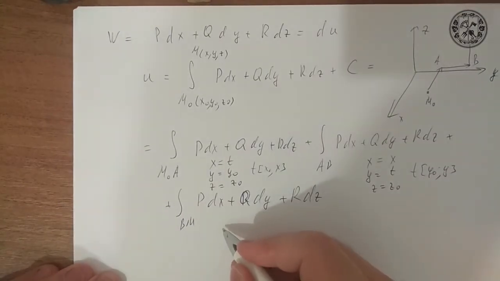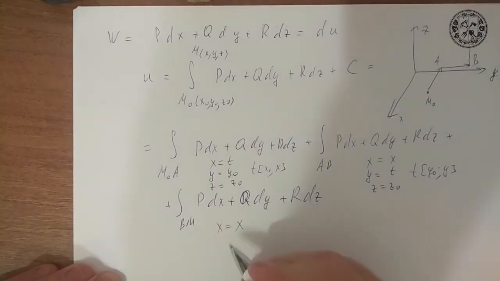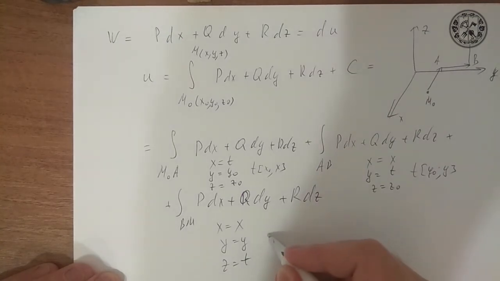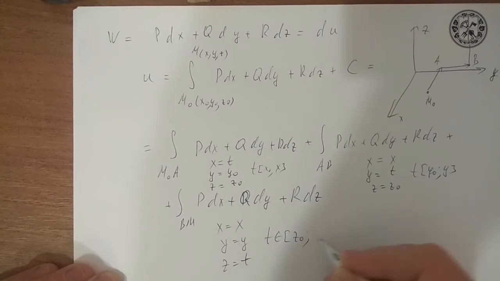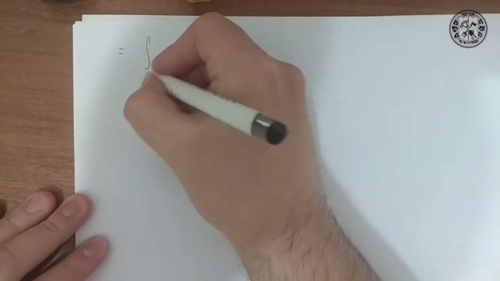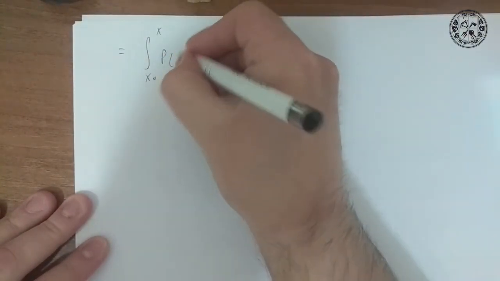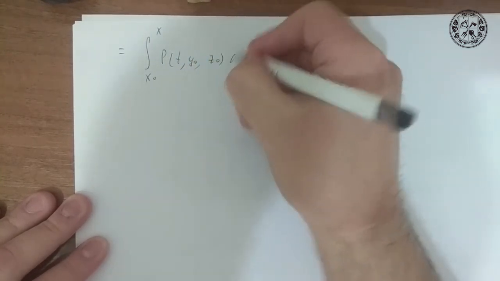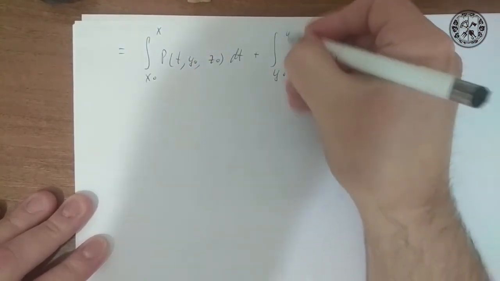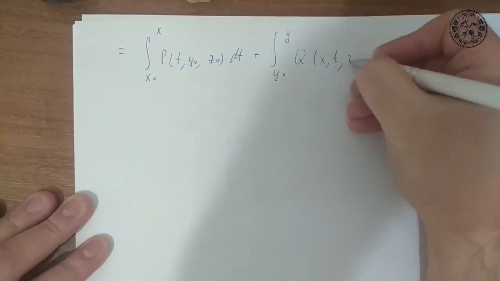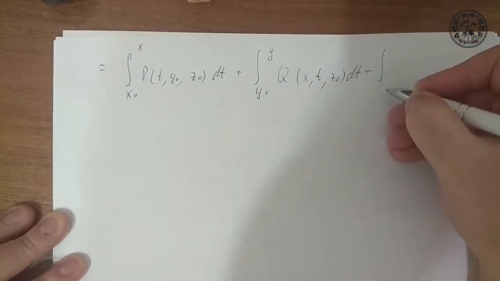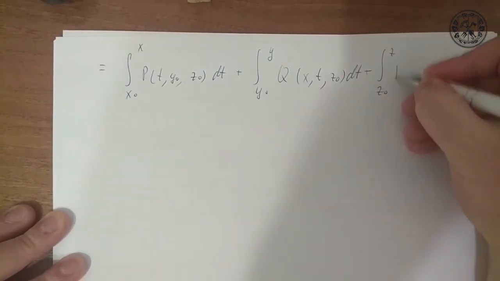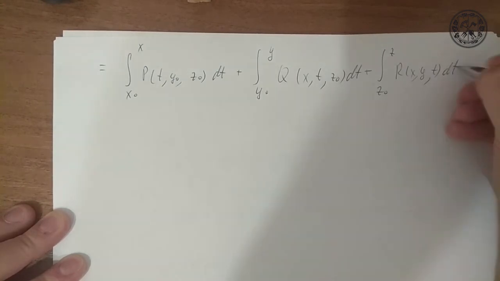Finally we have the right coordinate x, we have the right coordinate y, but we still have to switch to z from z0, so t will be from z0 to z. So finally we will get integral from x0 to x p of t y0 z0 dt, plus integral from y0 to y q x t z0 dt, plus integral from z0 to z r x y t dt.